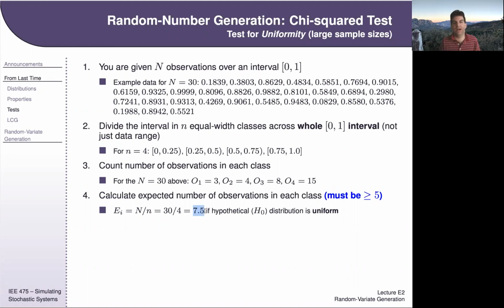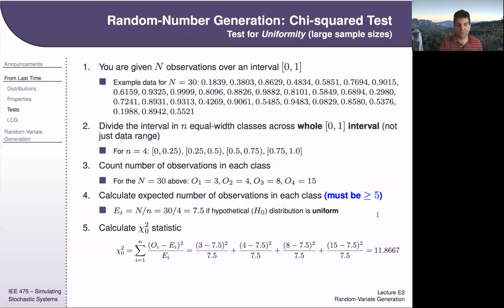We'll talk all about that after the midterm. For now, all you need to know is that the expected number has to be at least 5 in order to use a chi-squared test. If it's less than 5, the assumptions that make the chi-squared test work break down, and it fails to be a useful statistical test.